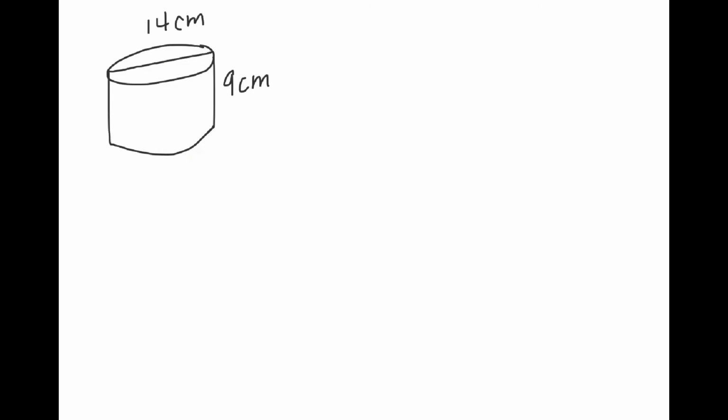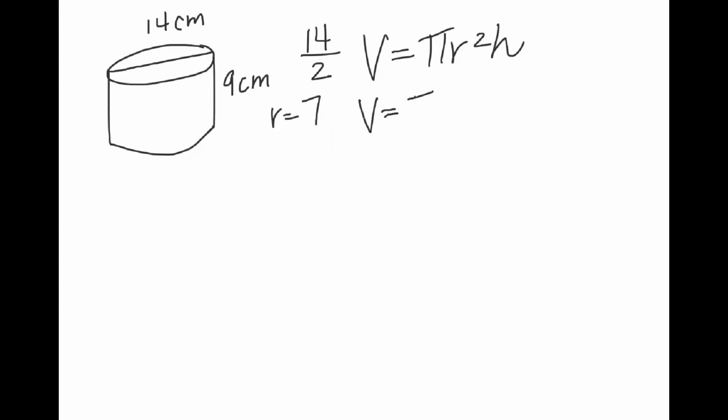So this one gives us a diameter, and our equation uses radius. So we do 14 divided by 2, and that gives us 7 as the radius. So we're going to plug that in. So pi times 7 squared times the height, which is 9, that gives us 49 times 9.